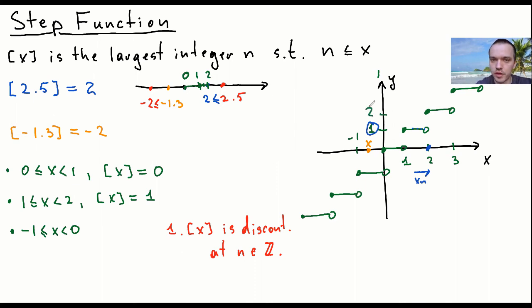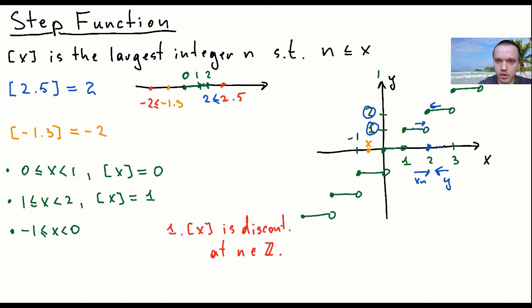But if I take a sequence on the right, let's say y_n, which approaches 2, then I'm going to get 2 as my output. And you know that if you can find two sequences which approach different values, that means your function is going to be discontinuous at that point. And that's true for any integer.